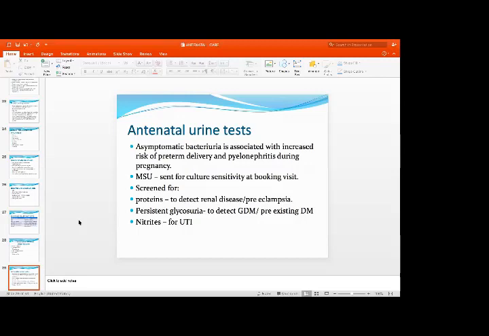Now, what is the role of antenatal urine testing? What do you think?